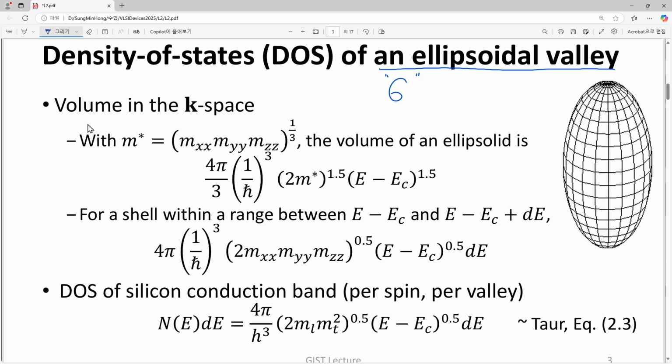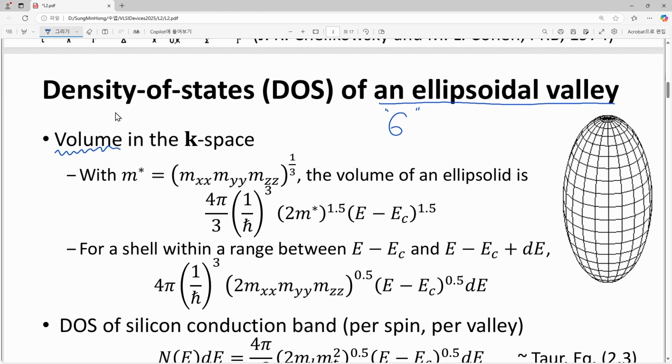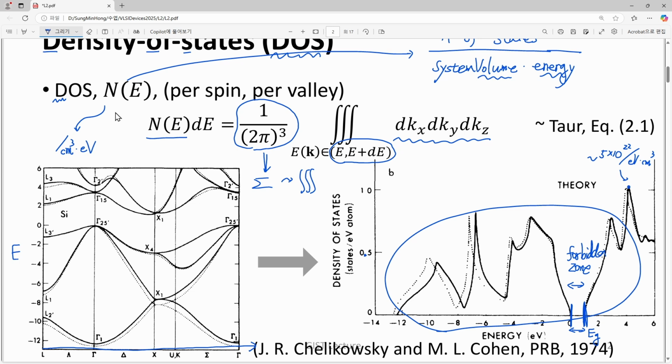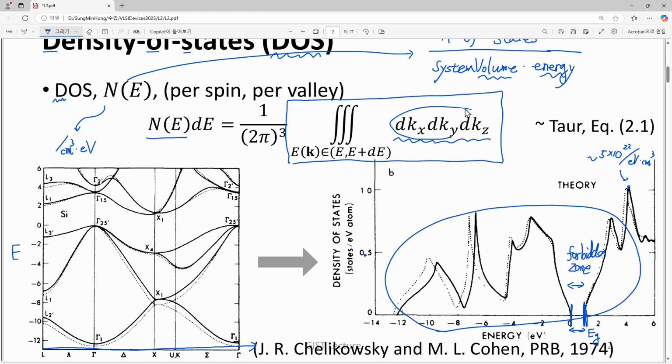In order to calculate this, we must calculate the volume in k-space. Why? Because this density of states expression involves the integration over k-space at a certain energy range, not the entire k-space, but the range between E and E plus dE.